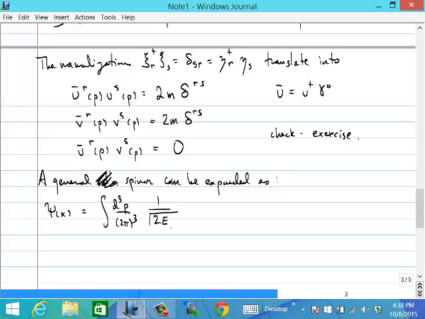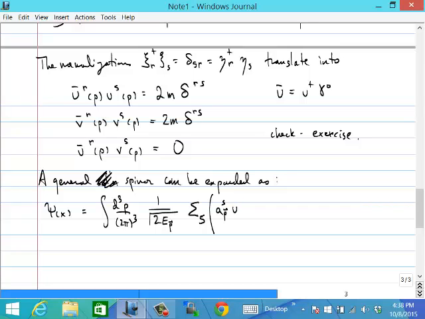This is just the same convention that we used in the scalar field case. And now we have 4 different possible solutions to the Dirac equation with a given momentum p.